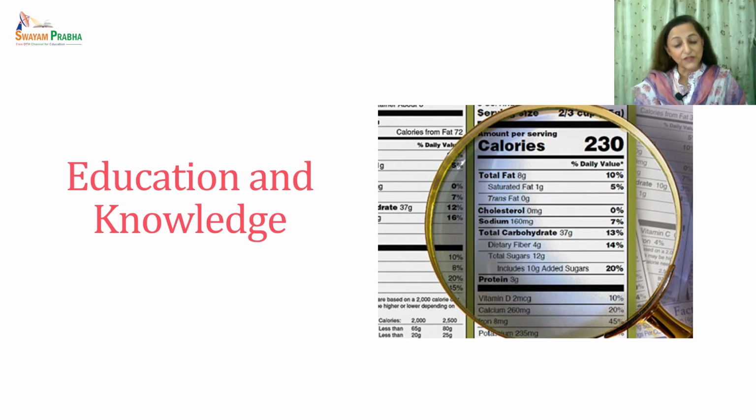TV is there, then some reading material is there, and the person reads food packages, the food labels, and of course, some health information and nutrition information is also gained by consulting some health professionals.